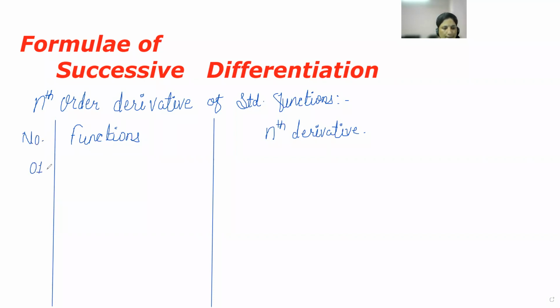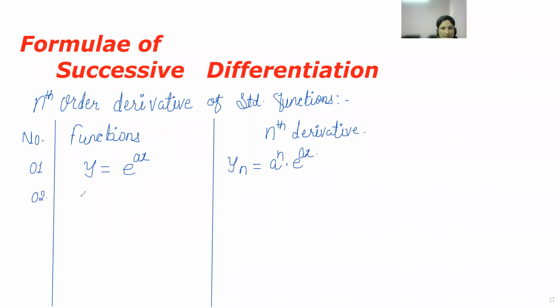Now first one, the given function is y equals e raised to ax. Tell me the nth derivative of this function, yn. It is a raised to n into e raised to ax.